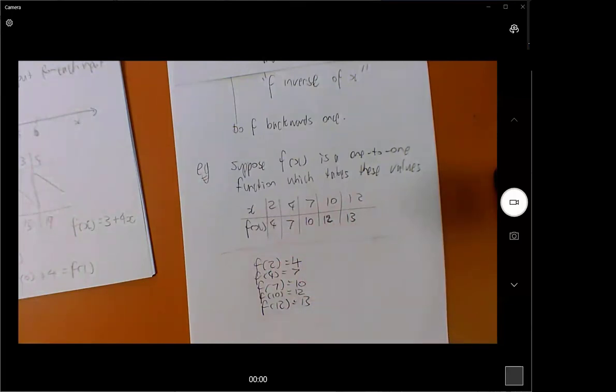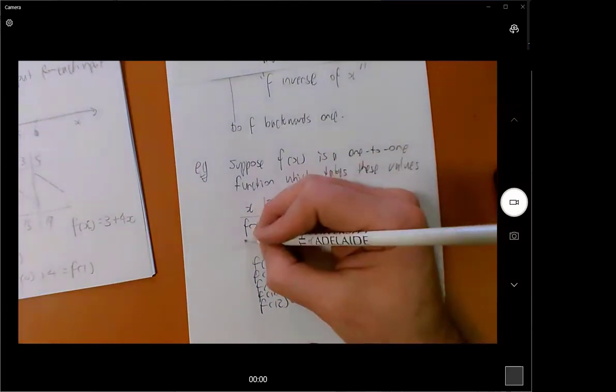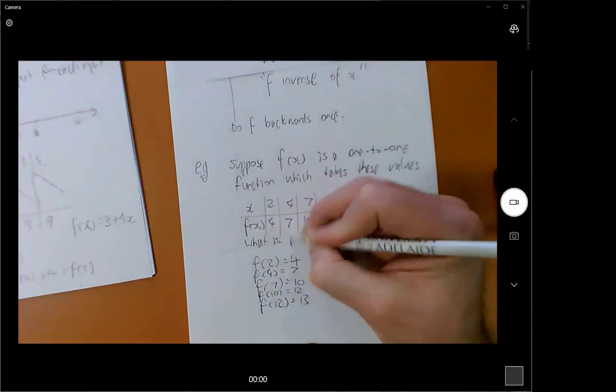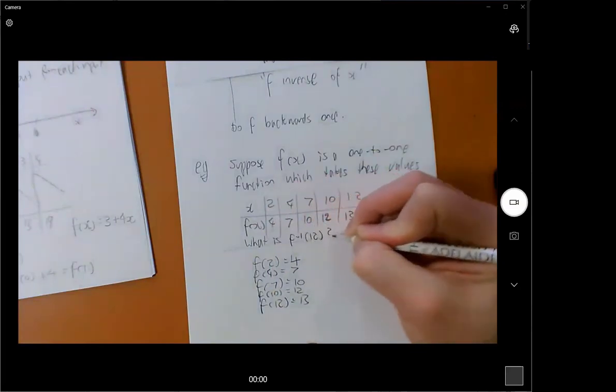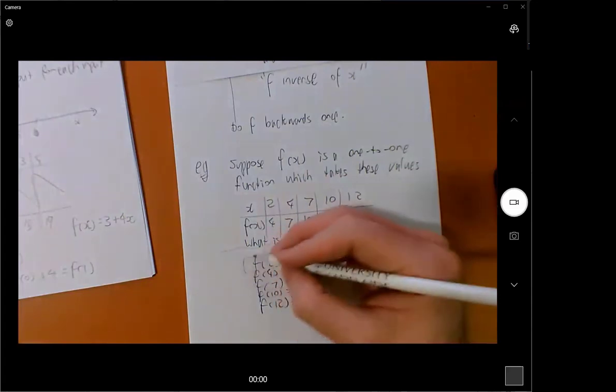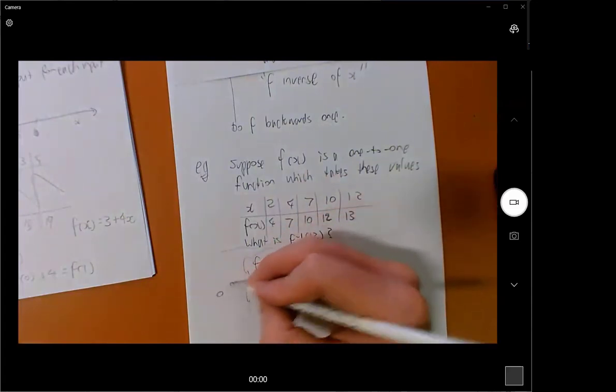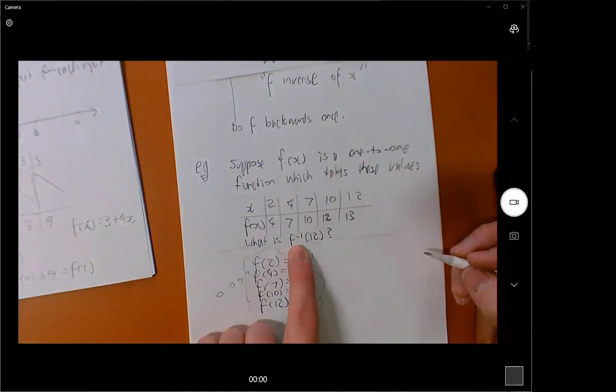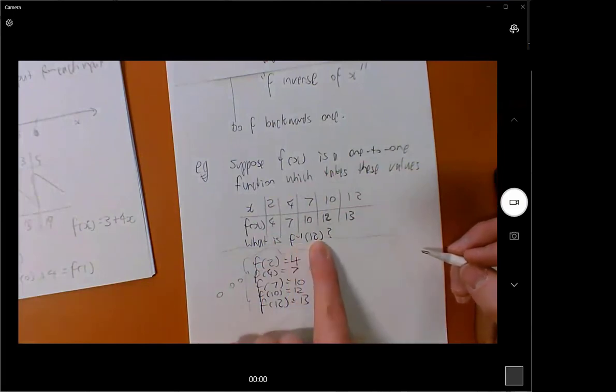So the inverse function, all right, it asks: what is f inverse of 12? So what this means is, I don't need this information, but it's what I'm thinking about. F inverse of 12 is the number 12. Go and look in the outputs for the number 12.